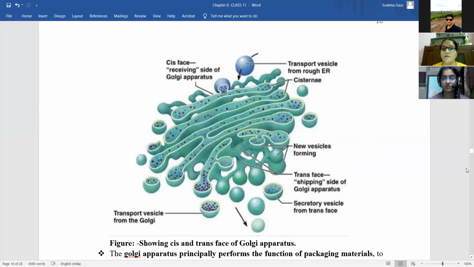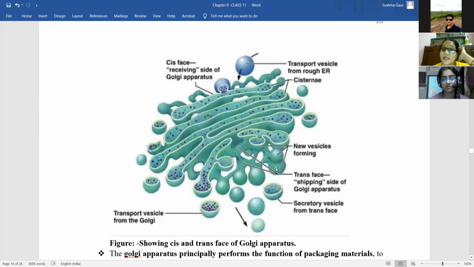Okay, so they will move towards these vesicles. Now they will be packed in the vesicles only, then they will be released or detached towards this trans face, and they will be shipped to the place where they are required, enclosed within the secretory vesicles.